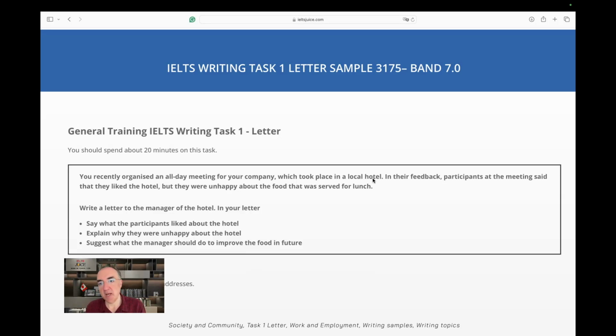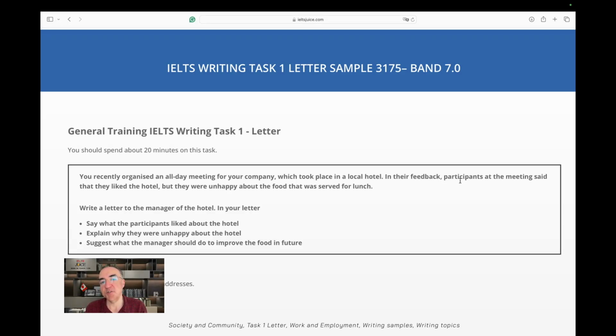In their feedback, participants at the meeting said that they liked the hotel, but they were unhappy about the food that was served for lunch. Okay.